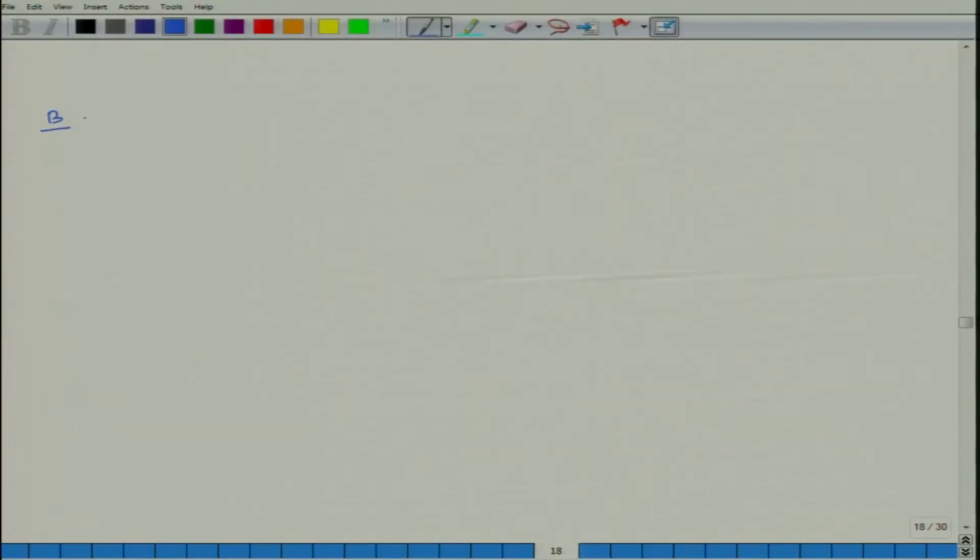Second one is your trapezoidal combined footing. Let me draw.